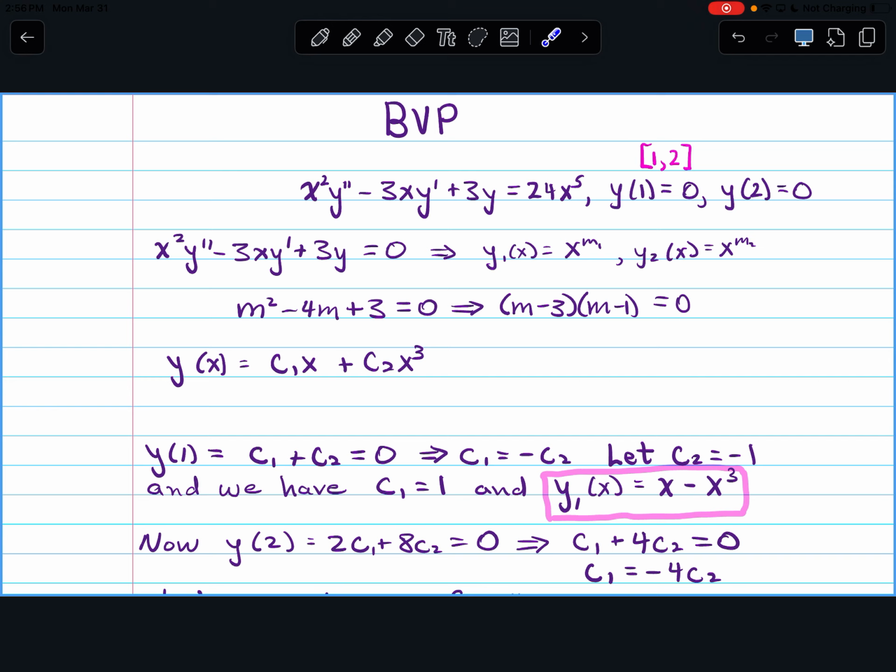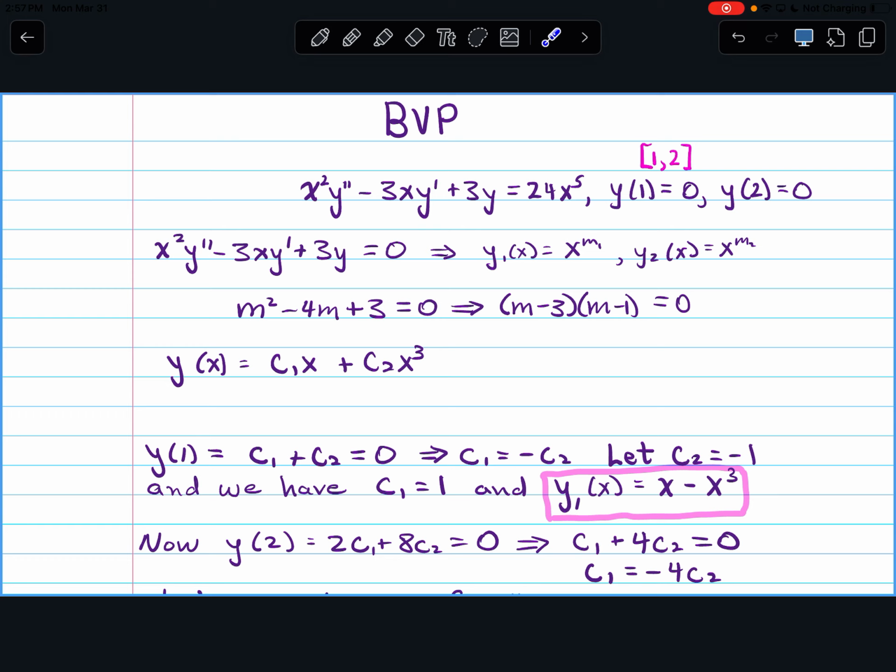I'm going to let C2 be negative 1. Then C1 is 1. So my solution, which we're going to call y1 here, is x minus x cubed, because C2 is negative 1. It's a bit confusing because I was talking about y1 up here. This is like my new y1.